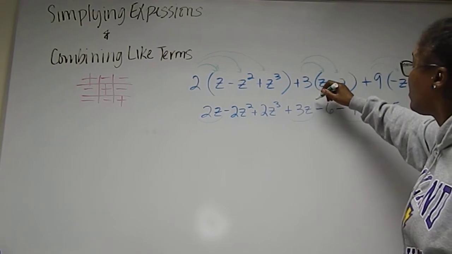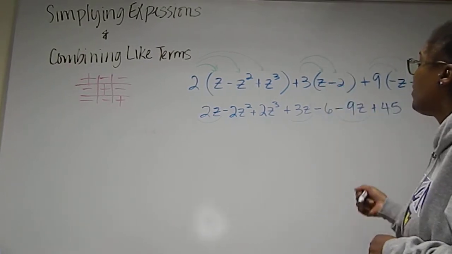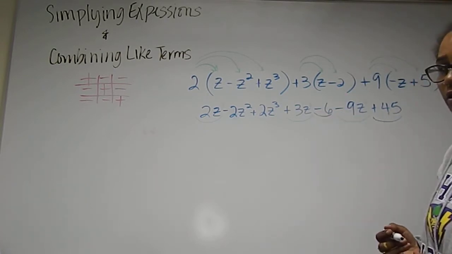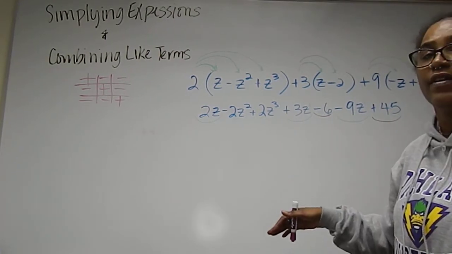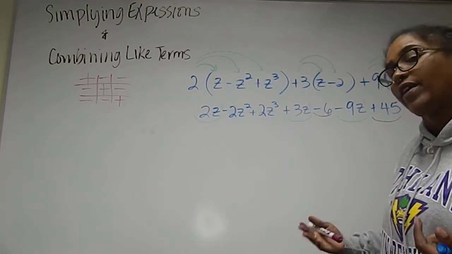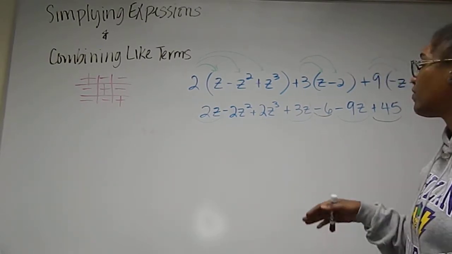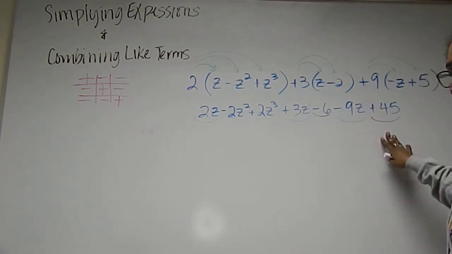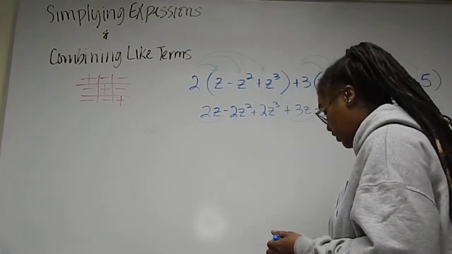I'll do that in a different color. We have this constant value and this constant value. And remember, they're called constant values because that's the value that they're giving you. This is just negative 6. It's not being multiplied by a variable, so it doesn't have a value that's changing next to it, right? It's just 6. And the same for 45, it's just giving you positive 45. But we can combine all of our like terms.